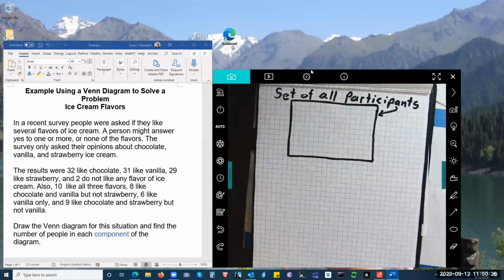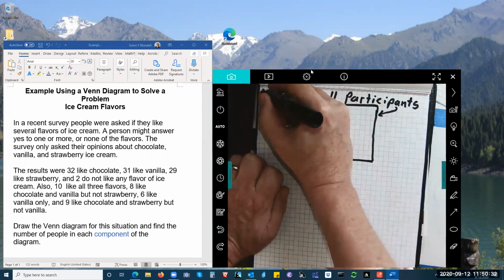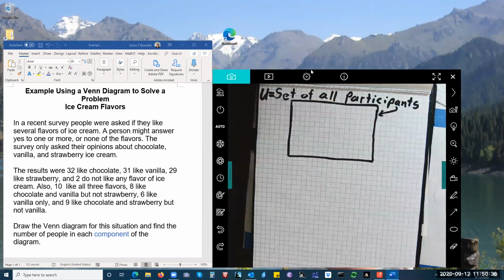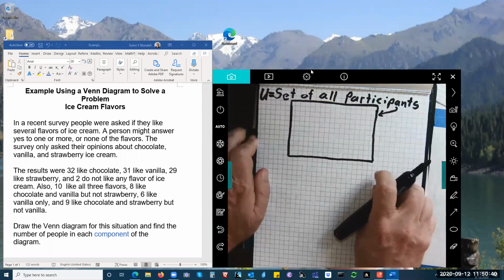So that's the universal set for the problem. I'll use a letter U to stand for it, but it doesn't really need a letter.